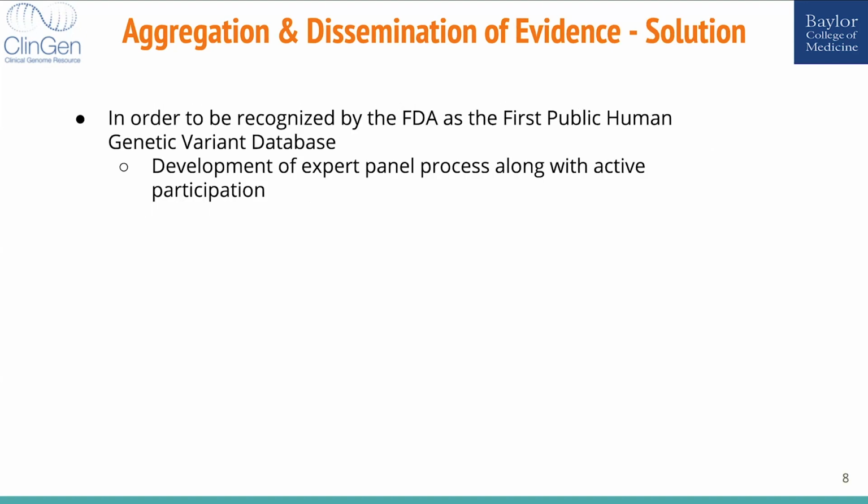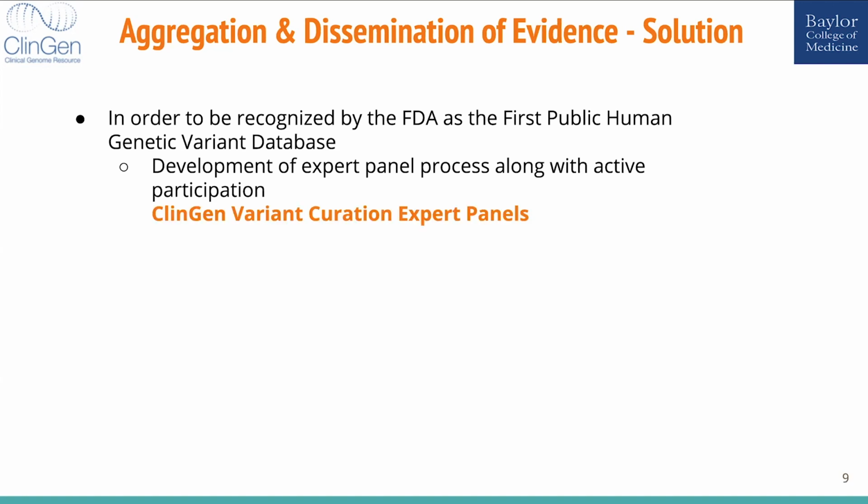And in order to be recognized by the FDA as the first public human genetic variant database, ClinGen accomplished the following: development of the expert panel process along with active participation. Then this led to the establishment of ClinGen variant curation expert panels. As of today, there are around 14 VCEPs that are approved.